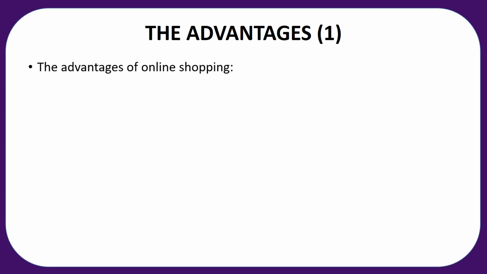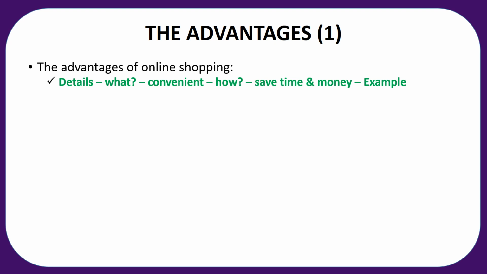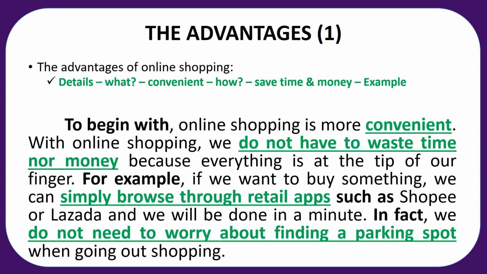Let's look at the first advantage, which is convenient. To begin with, online shopping is more convenient. With online shopping, we do not have to waste time nor money because everything is at the tip of our finger.